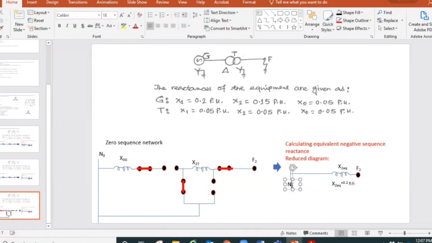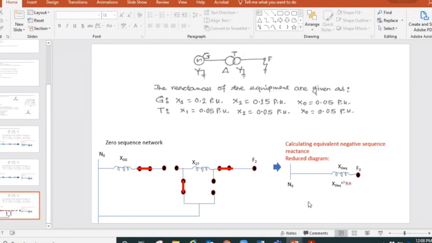Now if we want to reduce it to its simplest form, what will we have? We'll have the N0 and then X0 equivalent and the F0 as the fault point, and the value needs to be calculated. Can you tell me what is the equivalent reactance?